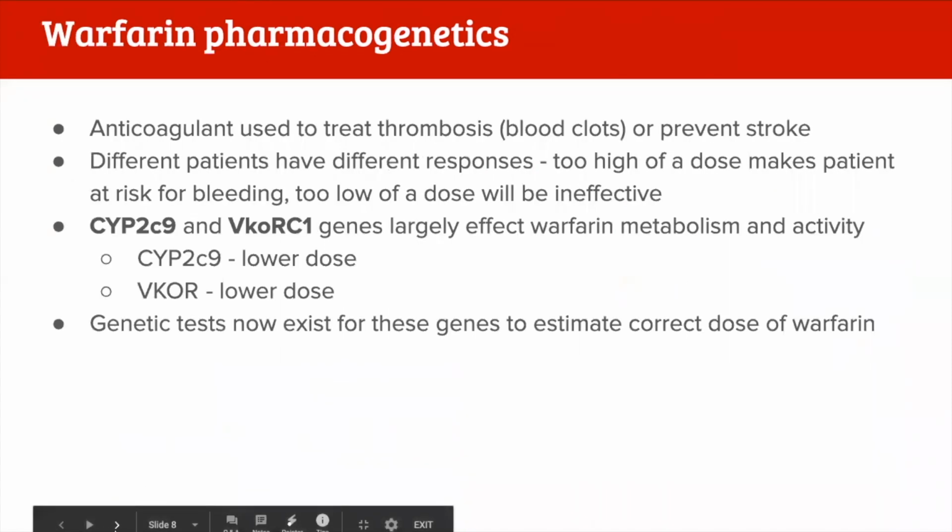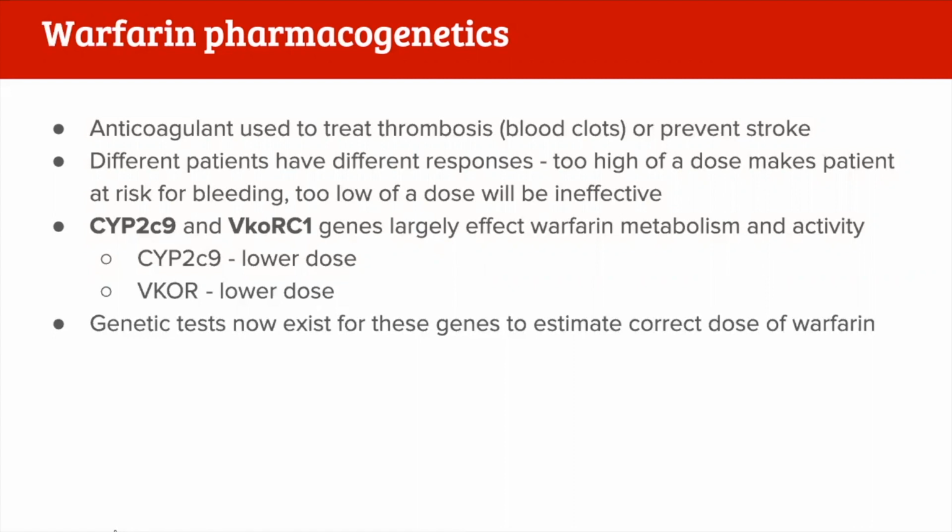So for example, warfarin. Warfarin is an anticoagulant that's used to treat thrombosis or blood clots or prevent stroke. Now, different patients have different responses to warfarin. Too high of a dose makes the patient at risk for bleeding, and too low of a dose, well, then it will be ineffective.